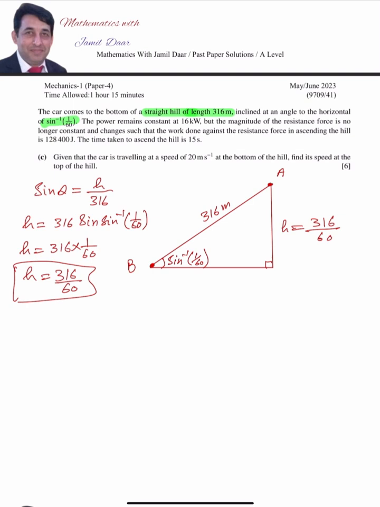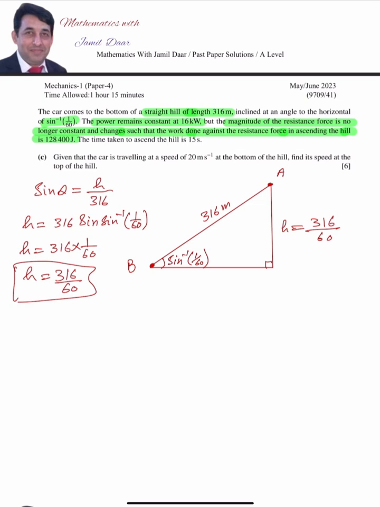So the power is still constant, 16 kilowatt, but the magnitude of the resistance force is no longer constant, and changes such that work done against the resistance force in ascending the hill is this one.